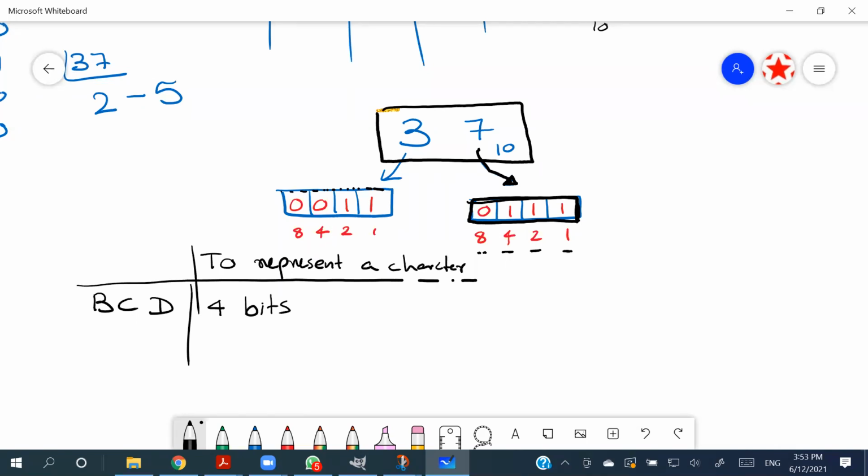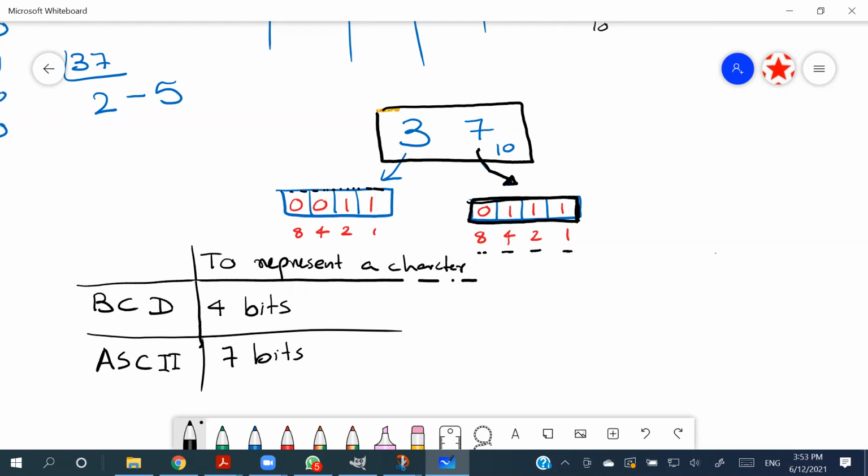Now they have introduced something called ASCII, which uses 7 bits to represent a character. Again, the same number 37: 3 is going to be written using 7 bits and 7 is going to be written using 7 bits.